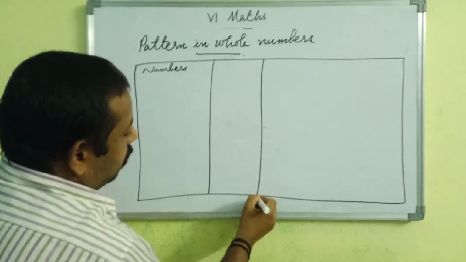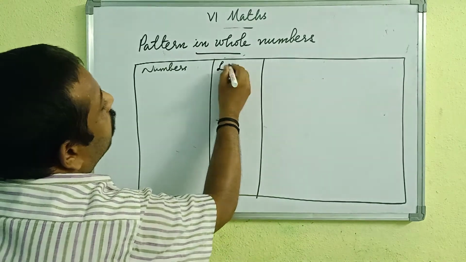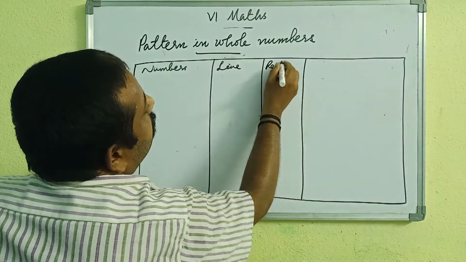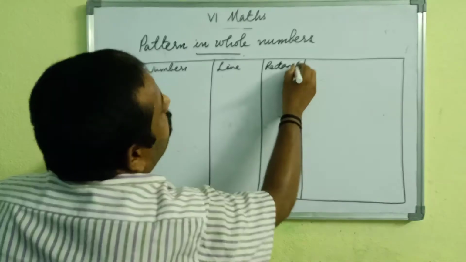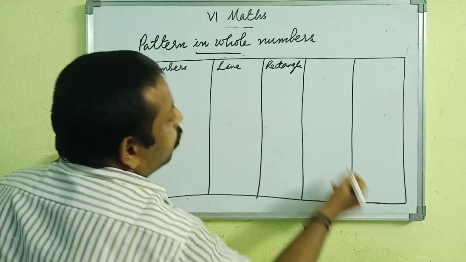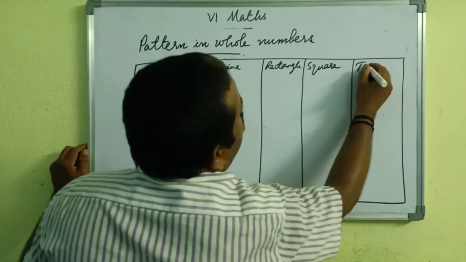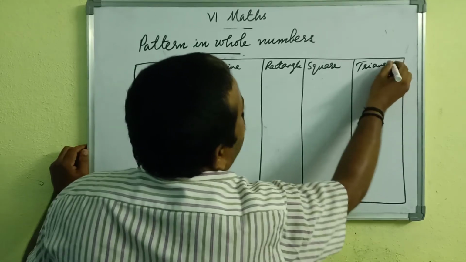Next, line. Next column is rectangle. Next column is for square. Next column is for triangle.